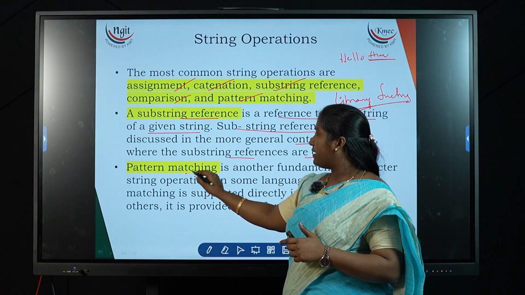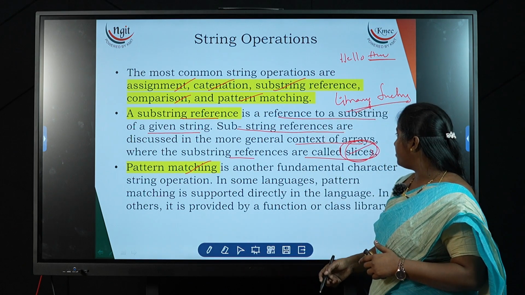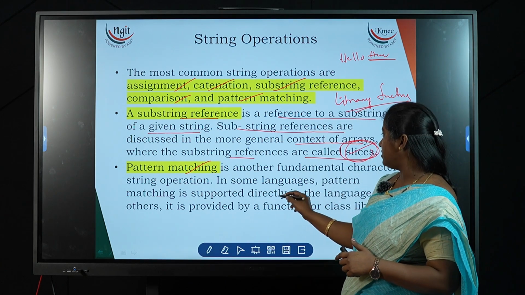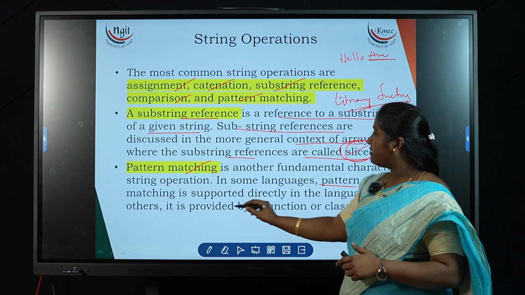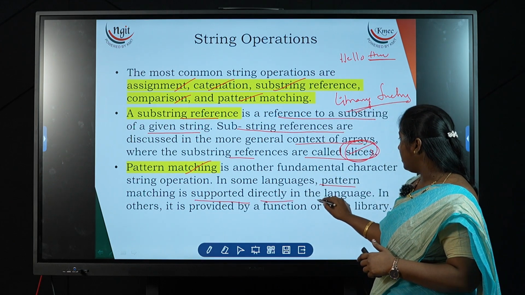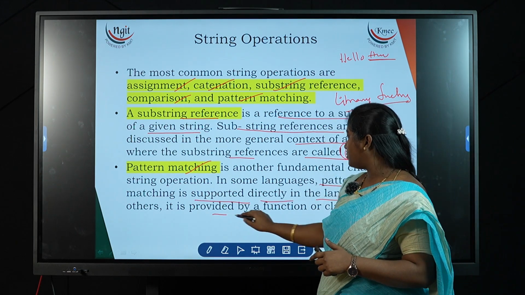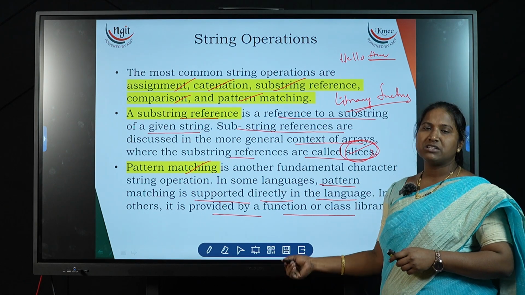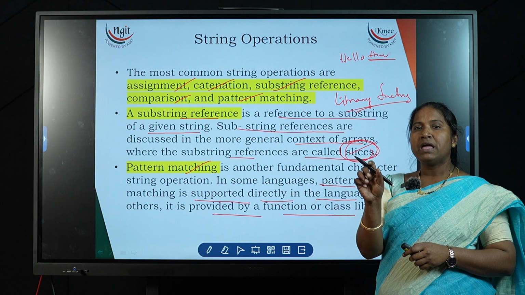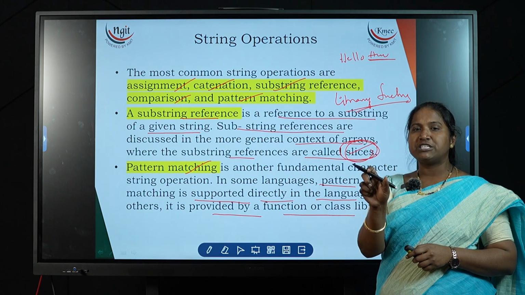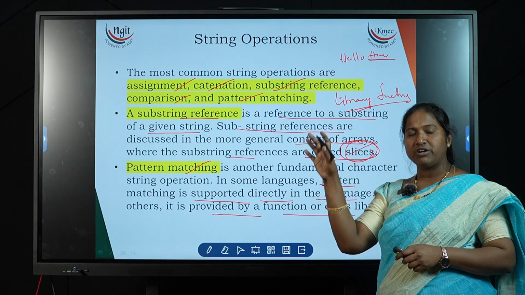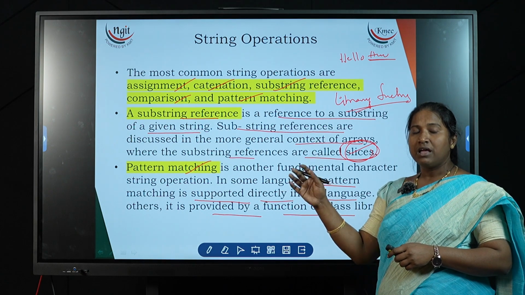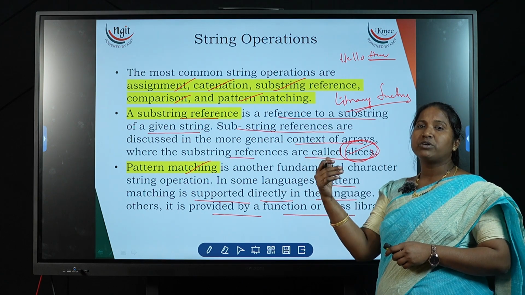Now coming to pattern matching. Pattern matching is another fundamental character string operation. In some languages, pattern matching is supported directly in the language. In others, it is provided by a function or class library. So in pattern matching, we give some pattern wherever this regular expression matches with your contacts, your database, your dictionaries, and that complete data you can visualize.